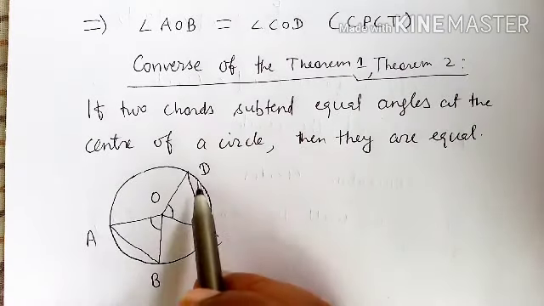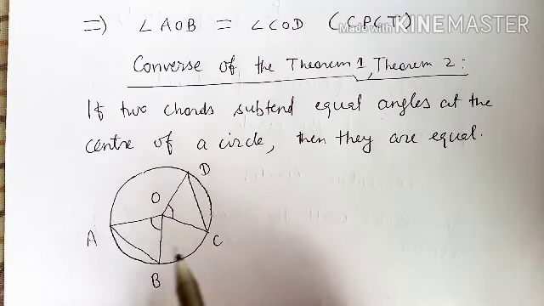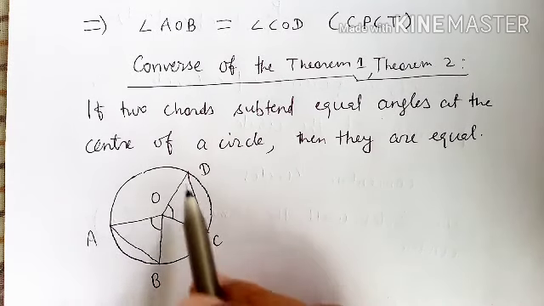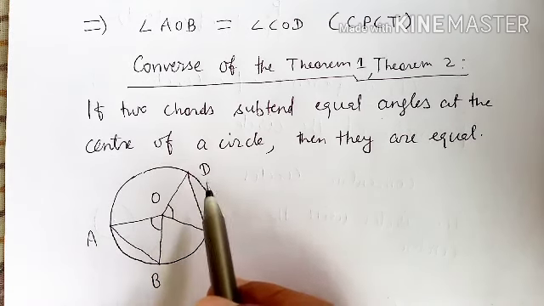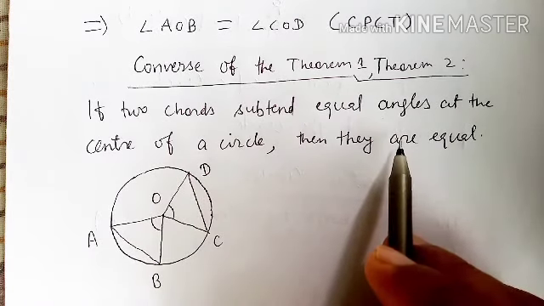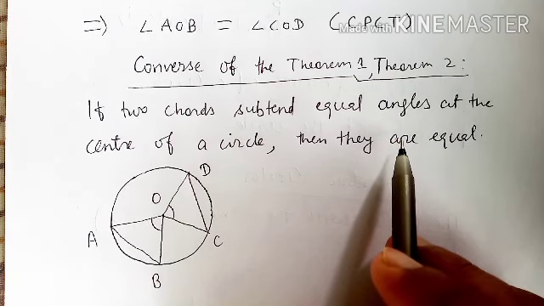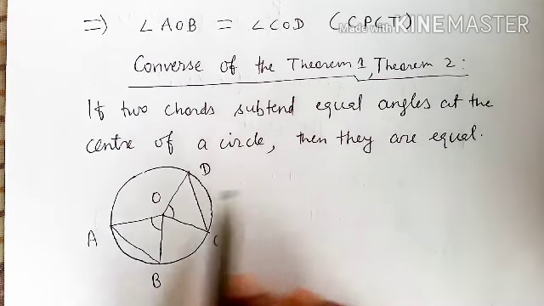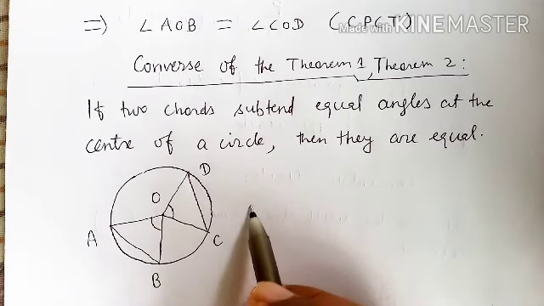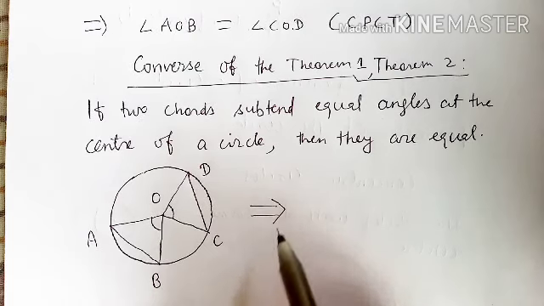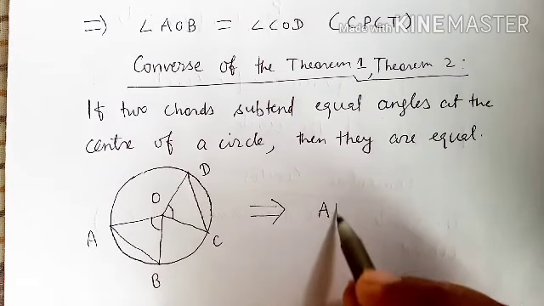Here in circle with center O, the angles made by chords AB and CD, angle AOB and angle COD, are equal. You know the meaning of implies. So if these angles are equal, then the chords are equal.